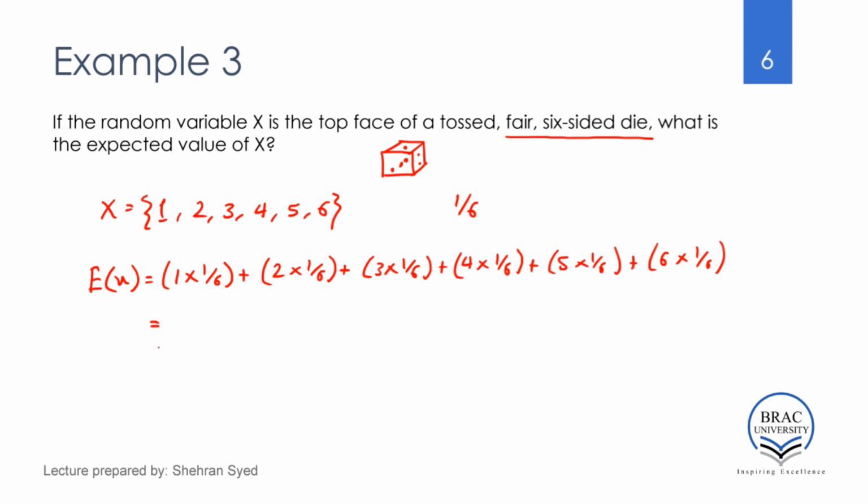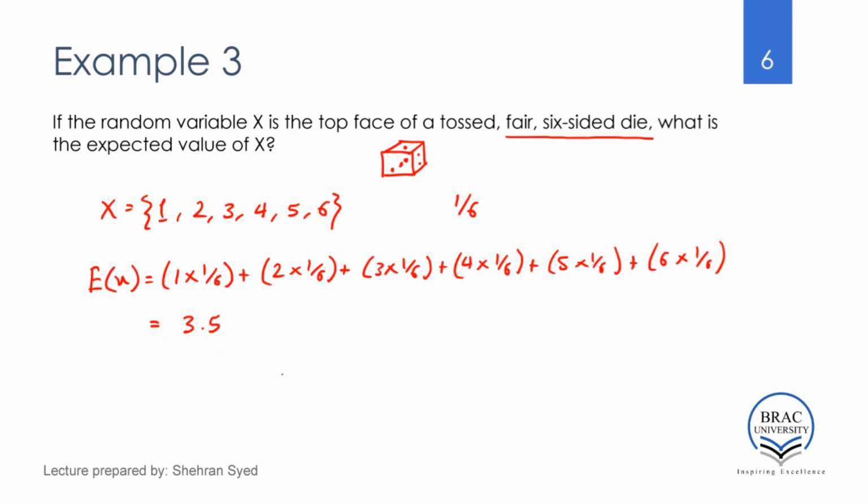If we calculate this, we get 3.5. So by the definition of expectation, we can say that the expected value or the mean value for the top face of a tossed fair 6-sided die would be 3.5.